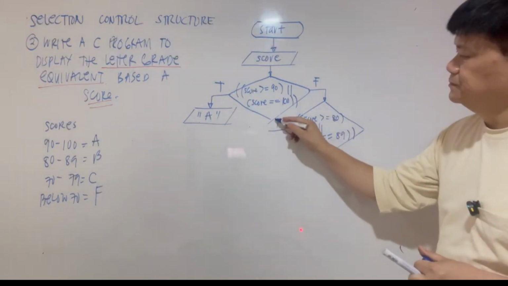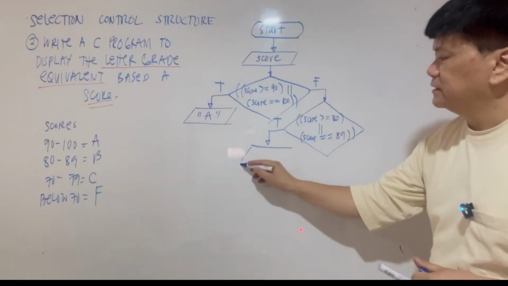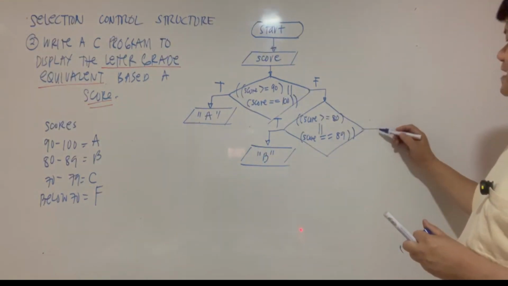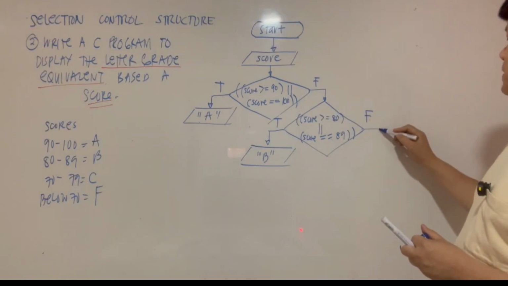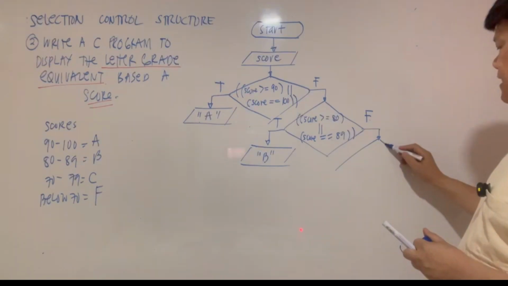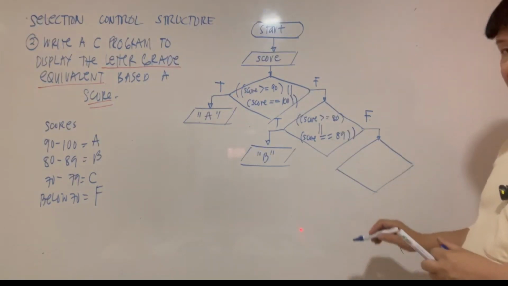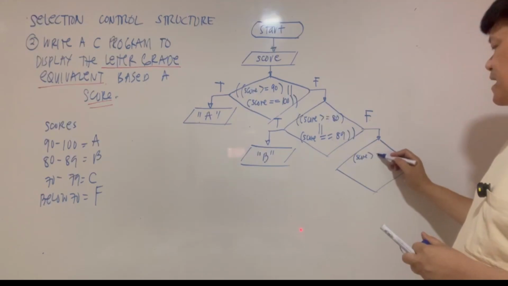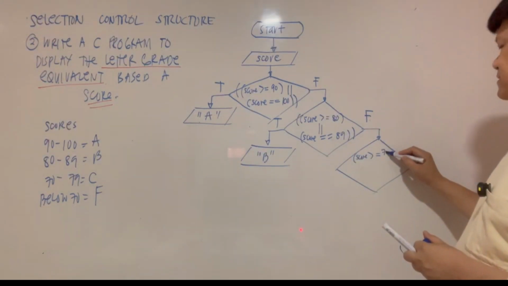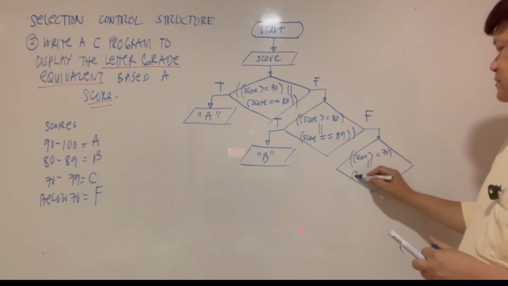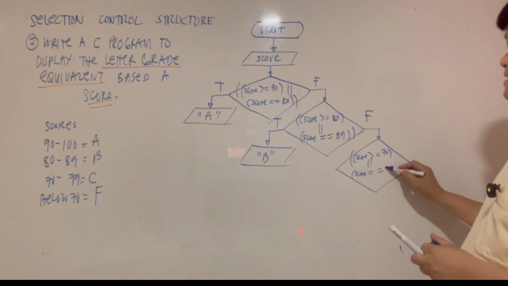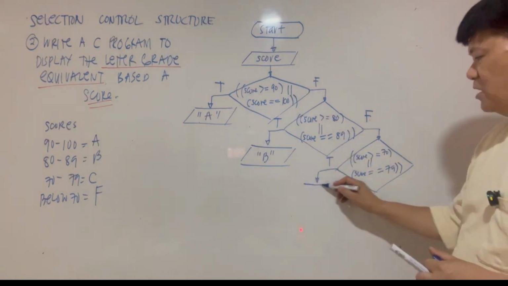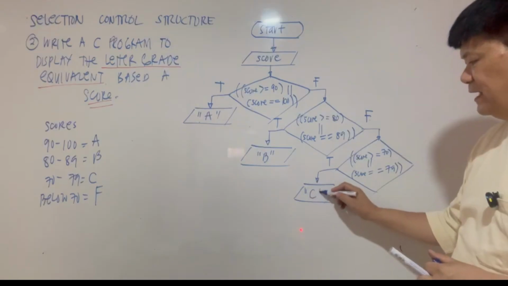Again, if it is true, then we'll output B. Another testing. If it is false, what will happen? So another testing, asking whether the score is greater than or equal to 70, or the score is equal to 79. If it is true, then let's output the letter grade equivalent of C.